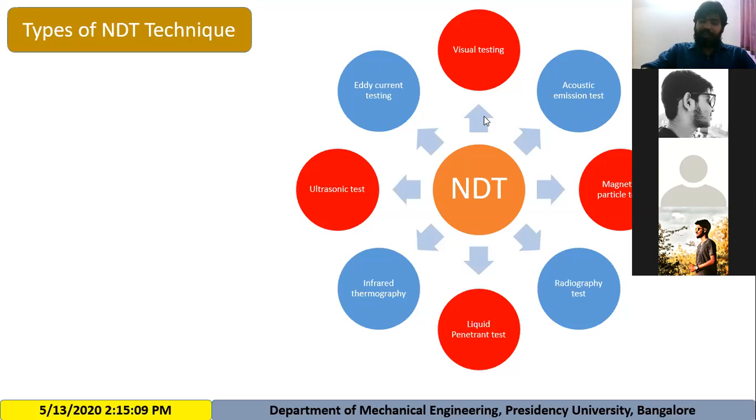Apart from this, there are many more, known as advanced non-destructive testing. The first one that we are going to discuss is visual testing. So visual testing is there, acoustic emission test, magnetic particle test, radiographic test, liquid penetrant test, infrared thermography, ultrasonic test, and eddy current testing. So these are some of the common non-destructive testing.